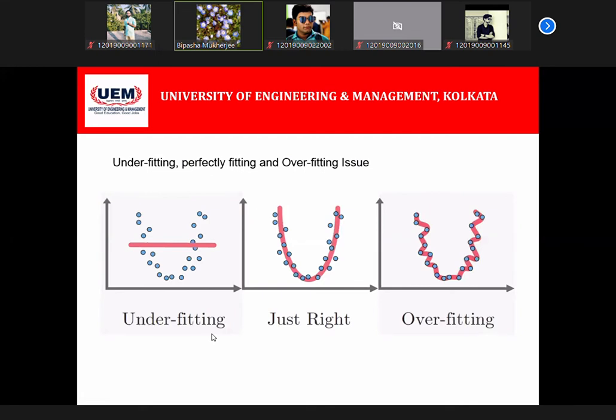It may work perfectly okay with the training data set, but it may not work with an accepted level with the test data. That's a problem. And another issue is what you can see in this graph, where it's covering all the edges, but it's not maintaining any proper curvature.